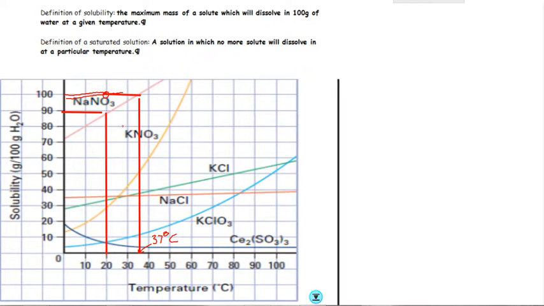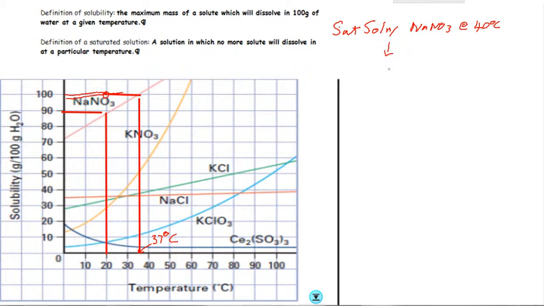So what else might the examiner ask you? Well, they may say you have a saturated solution, we'll just call it a SAT solution to save time here, a saturated solution of sodium nitrate, and let's say that saturated solution is at 40 degrees Celsius.